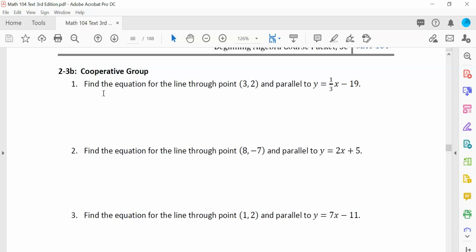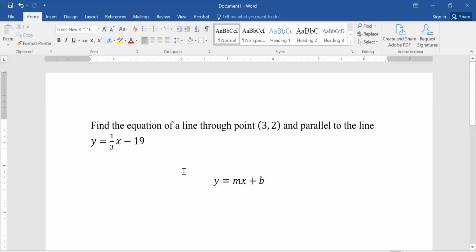Number 1 says find the equation for the line through the point 3, 2 and parallel to this other line, y equals 1/3 x minus 19. So that's what we have.